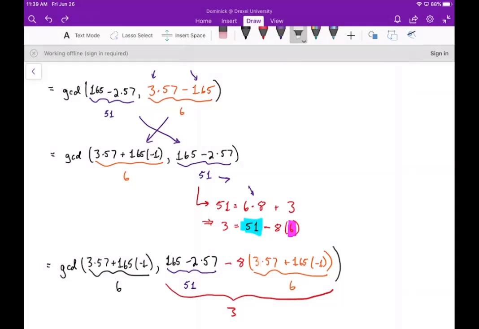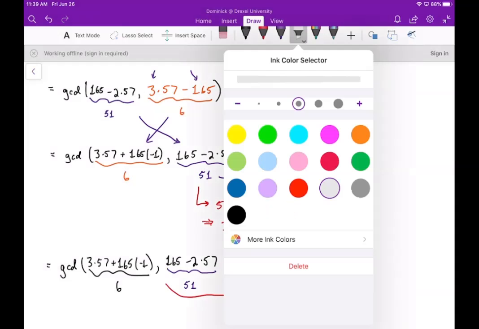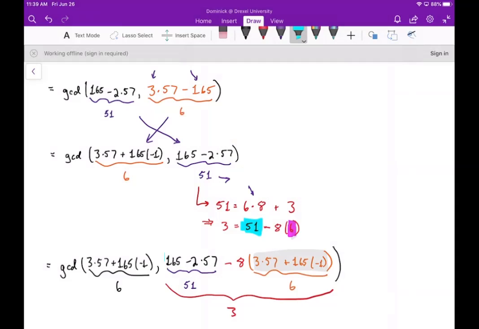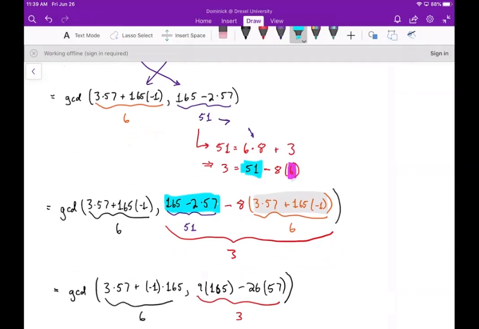Okay, so then we have 6 we can write as 3 times 57 plus 165 times negative 1. And 51, we know that we can write as 165 minus 2 times 57. And this whole thing would give us 3.